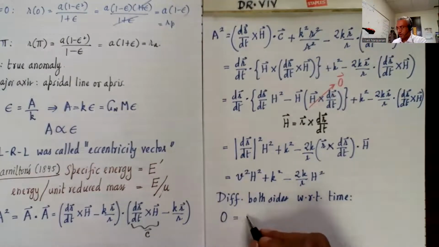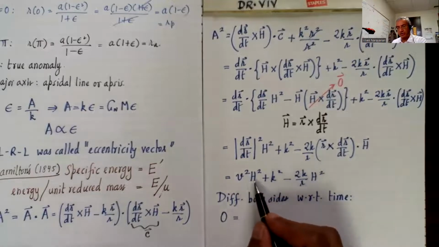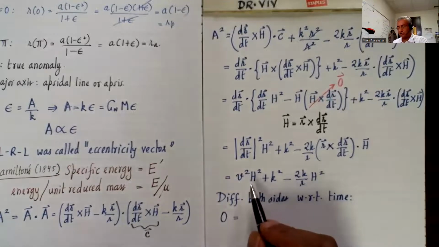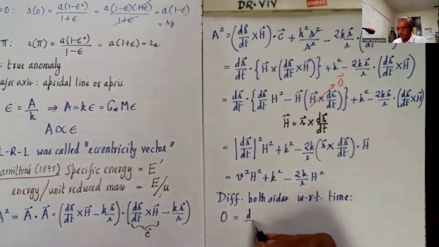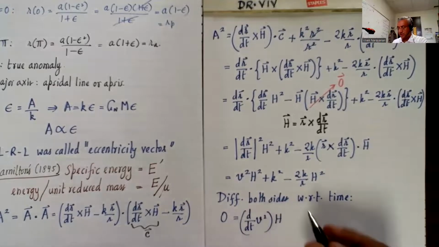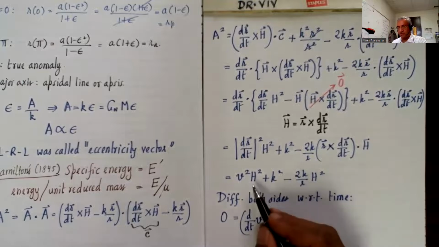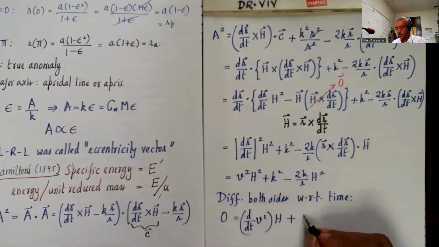So on this side, what do I get? Well, I get derivative of two terms, but the h term makes no contribution since the Hermann vector is a constant too. So I'm just going to get d by dt of v squared times h, and then a big 0 from here, the differentiation of h squared and differentiation of k squared.